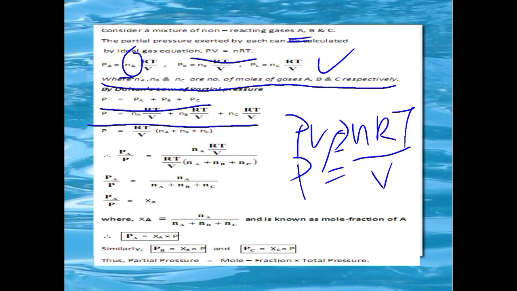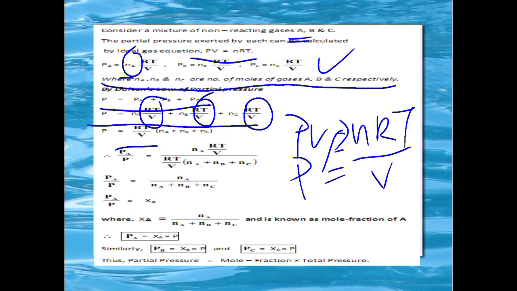If we substitute the values, we'll get this. Here RT by V is common, so take it outside. Inside there will be Na plus Nb plus Nc.